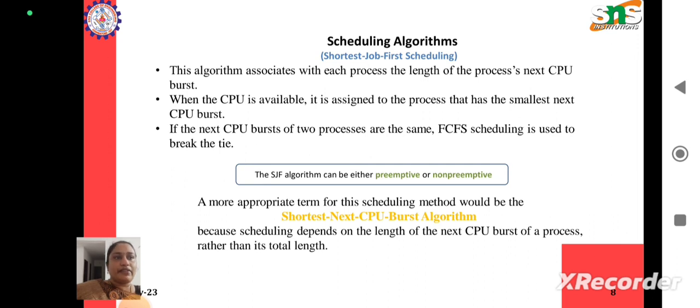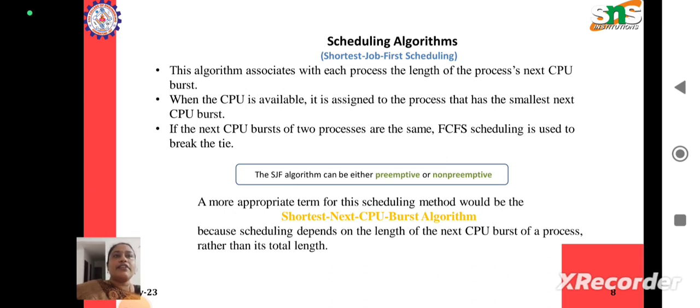Now there may be a question that comes to your mind: if two processes having the same length are waiting for the CPU, then which one gets the CPU first? In this case, where the next CPU bursts of two processes are the same, FCFS scheduling is used to break the tie.